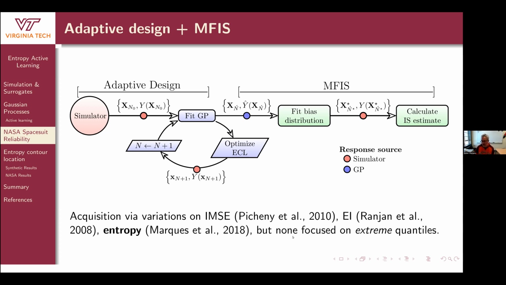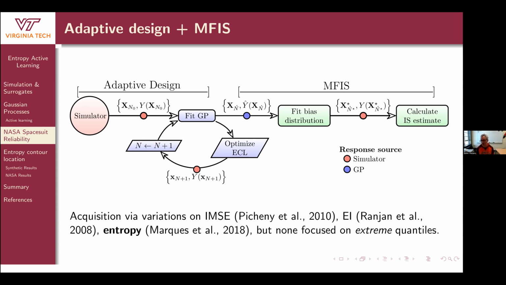But when we studied them, we found that they had an implicit bias on non-extreme quantiles. So the text here says, but none focused on extreme quantiles because that short phrase fit well on the slide. But it's better to say that they had an implicit bias towards easy to find level sets.